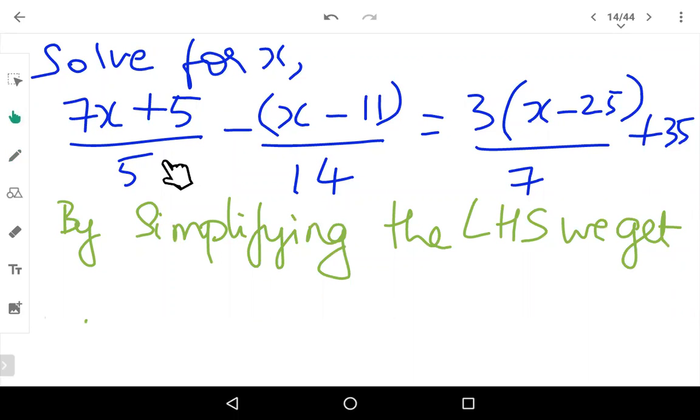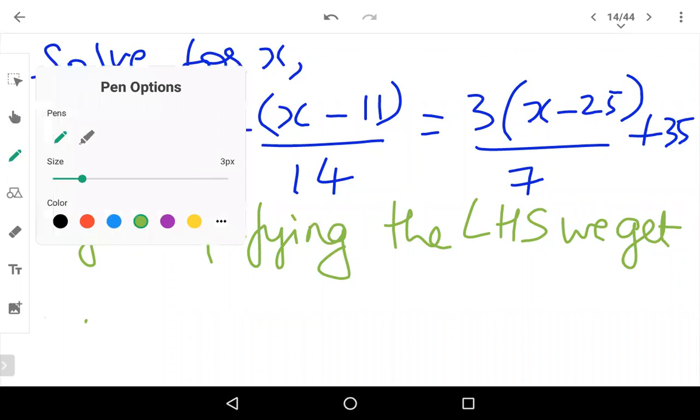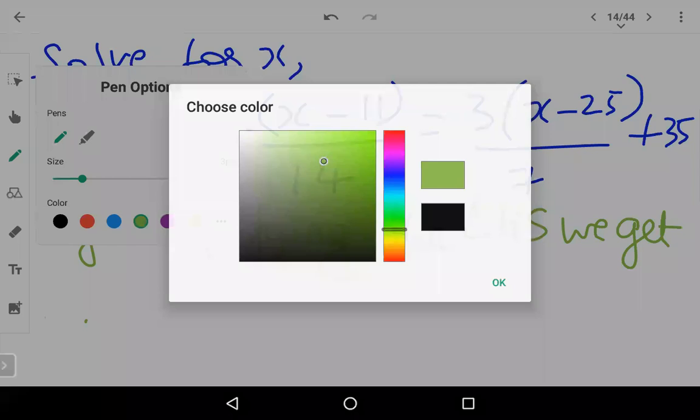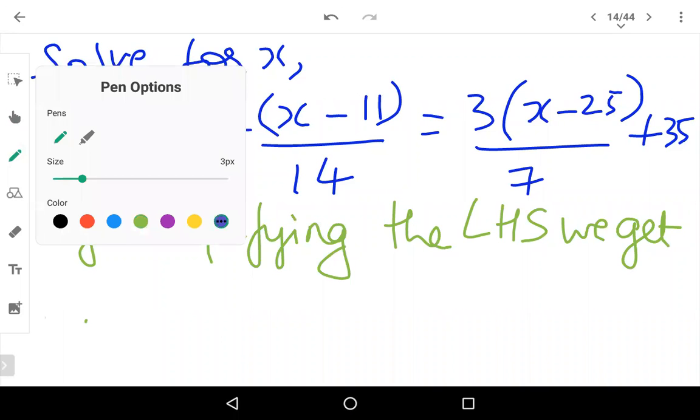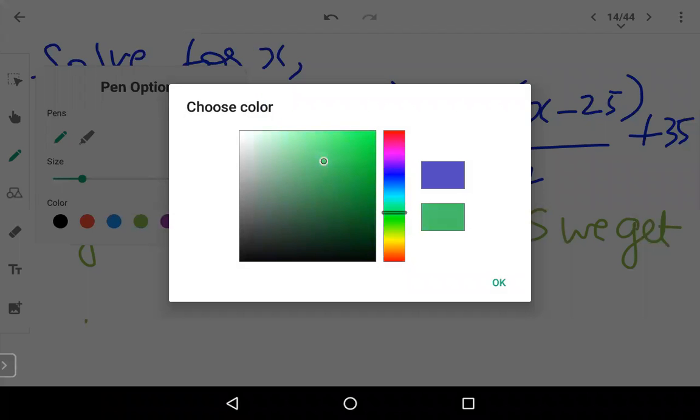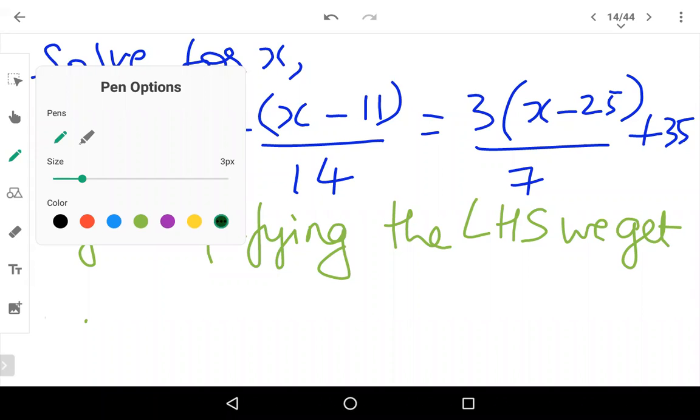Okay, this is your left hand side. So what do we get by simplifying the left hand side? Let me choose a different color here. So okay, now what do we get?